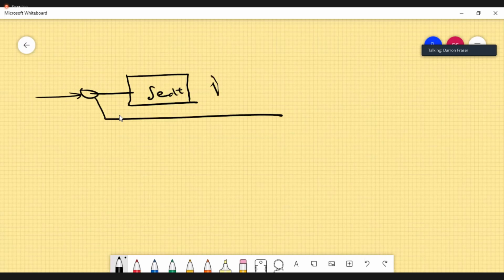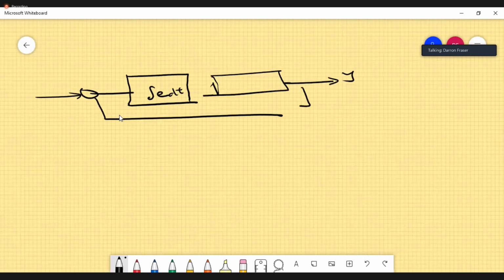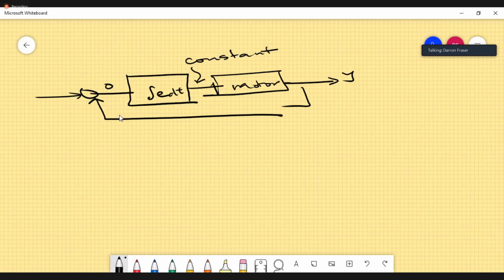You have your plant, you have your output. If the error is 0, then the output is a constant, because if you integrate 0 you get a constant. So your motor is going to see a constant voltage.